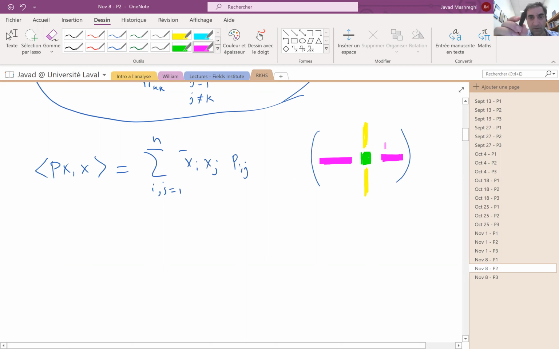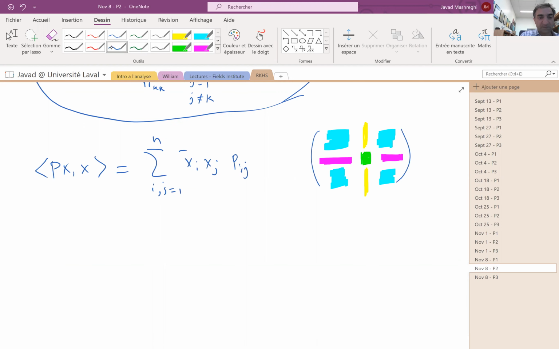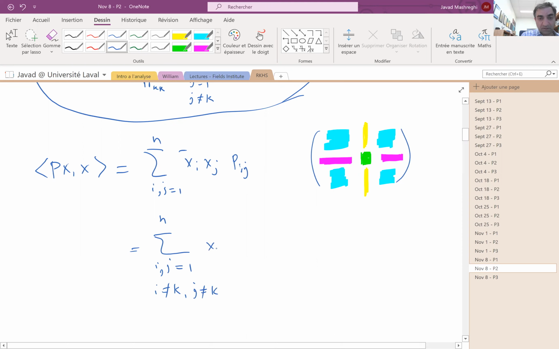That's the way we divide this sum into 4 sums. So it's sum ij from 1 up to n, i not equal to k, j not equal to k, xi bar xj pij. This is our big sum.